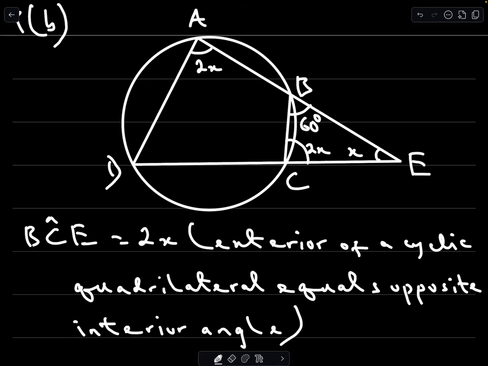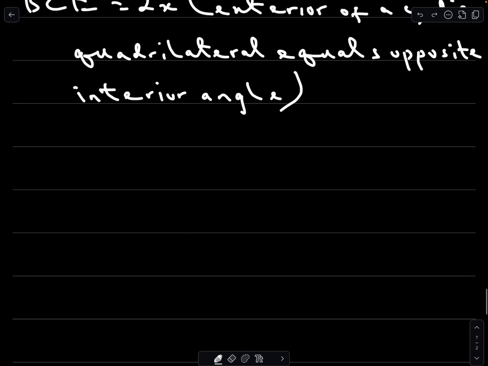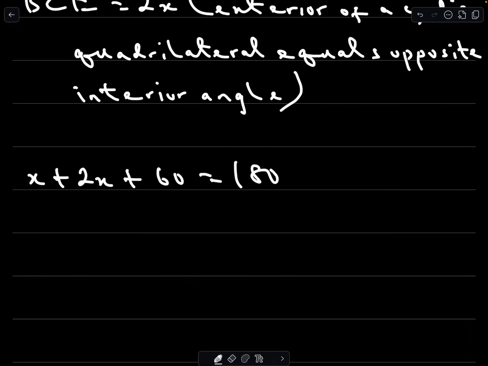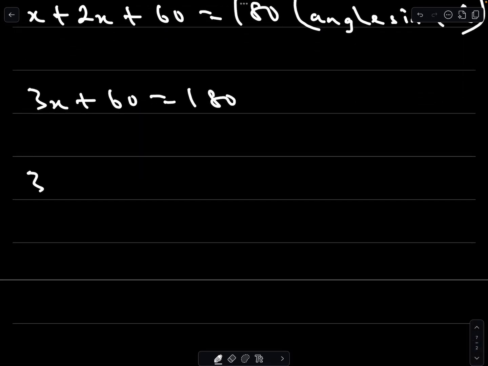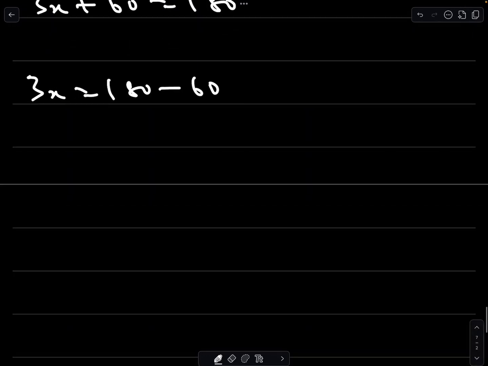And now we can find x easily. X plus 2x plus 60 equals 180 degrees, angles in a triangle. And that simply means 3x plus 60 equals 180, which means 3x equals 180 minus 60.